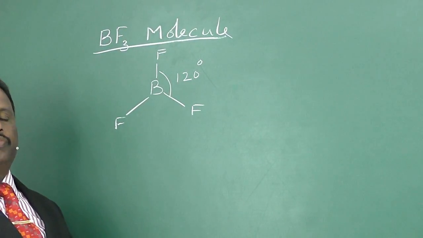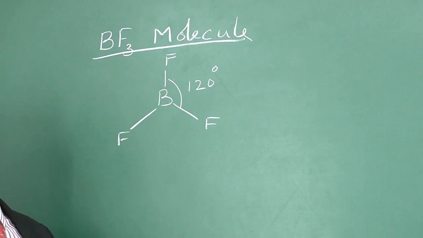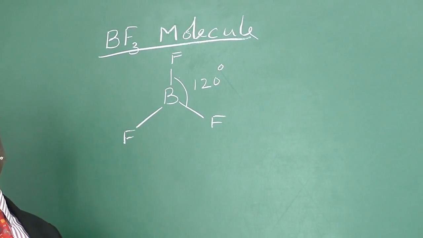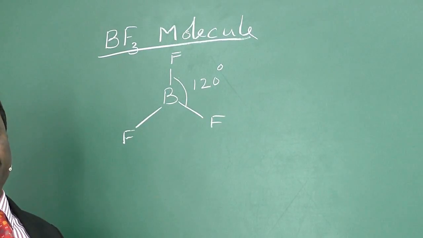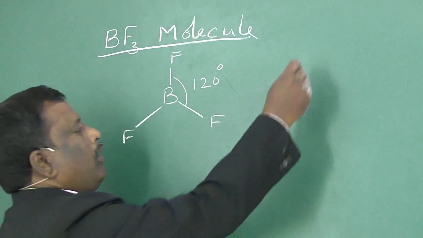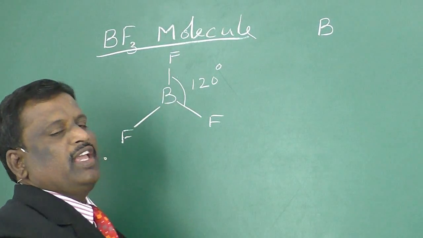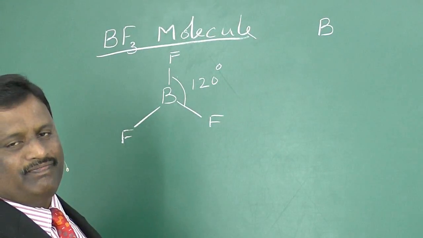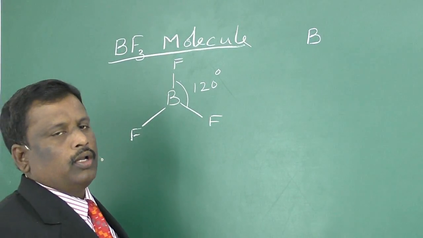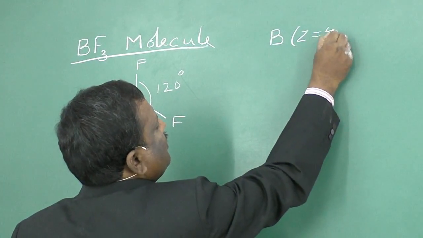So let us observe the formation of this BF3, boron trifluoride, in the light of this Sp2 hybridization. In BF3 molecule, the central atom is boron. The atom which is present at the center of the molecule is said to be the central atom. The atomic number of boron is 5.